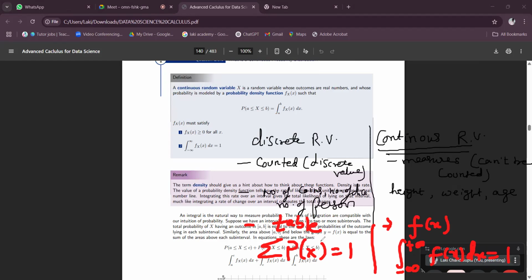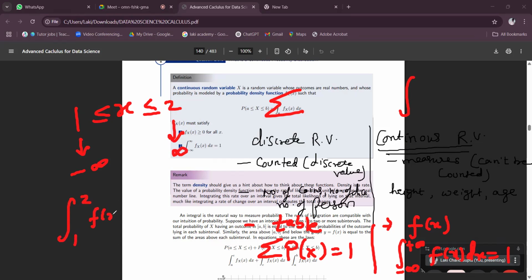In continuous, integration is used. In discrete, table and summation are used. Minus infinity means the smallest value of t and plus infinity the largest value of t. Suppose x is going from 1 to 2, so you can write the integral from 1 to 2. It will equal 1.